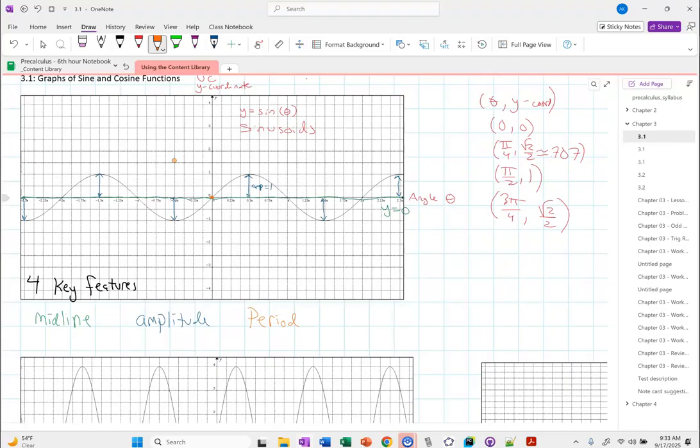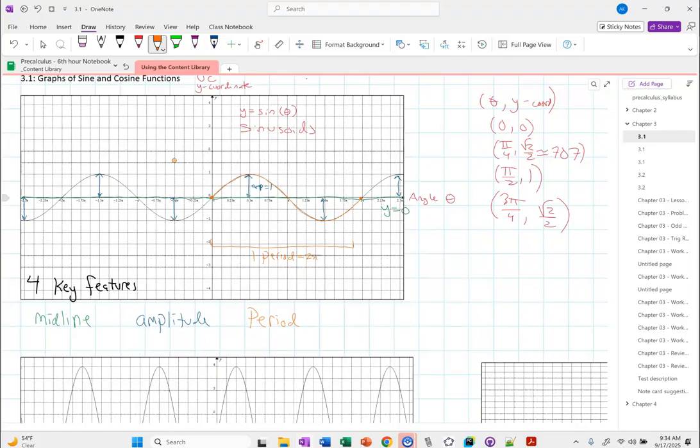If I look, the graph goes up, the graph goes back down, and it returns back to the midline. So that distance is 1 period, where we've gone from 0 to 2 pi.